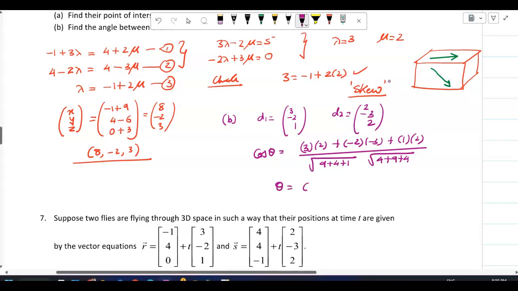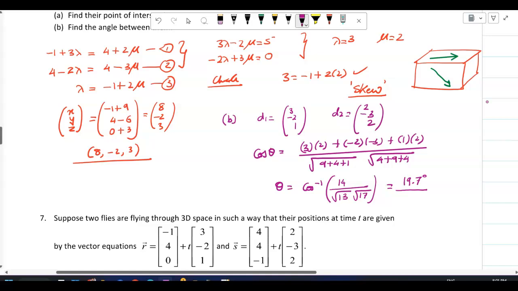Theta is equal to cos inverse of that. So that gives 19.7 degrees, the angle between these two lines.